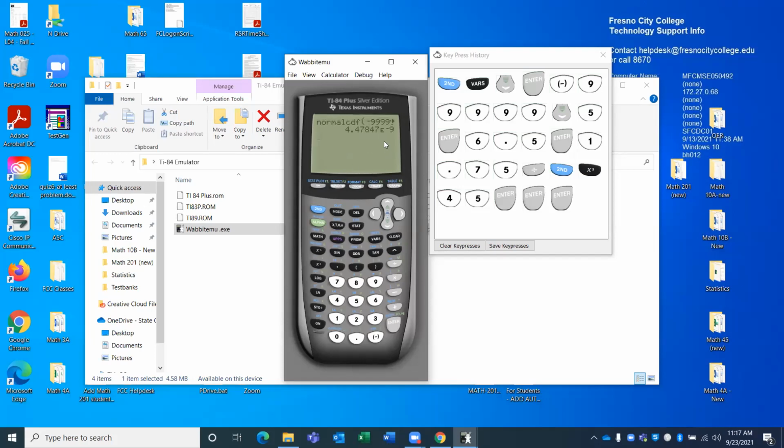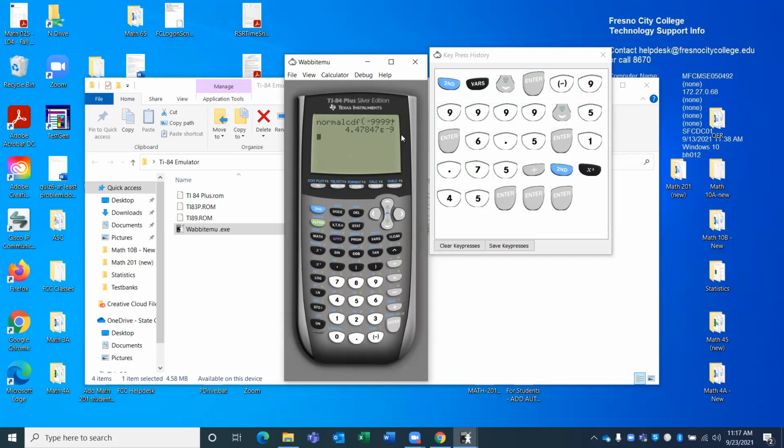Oh yeah, we got that E thing. That's really valuable that I remind you what that means. See that answer I'm getting on my screen there? 4.47847 E minus 9. Do you know what that means? That E minus 9 means take the decimal, move it 9 places to the left. If that was an E positive 9, it would mean move the decimal 9 places to the right.